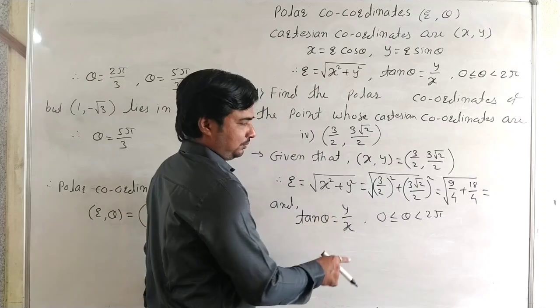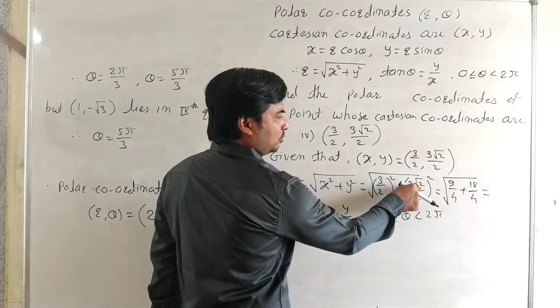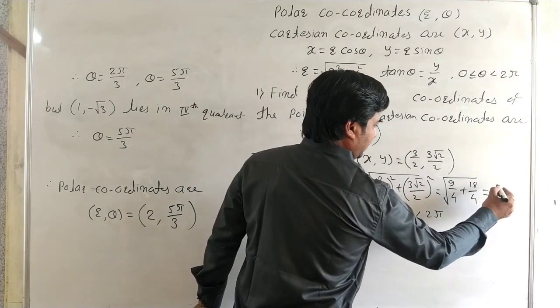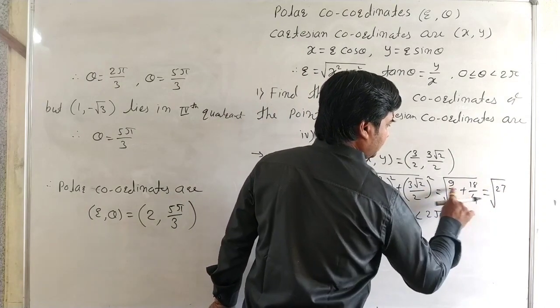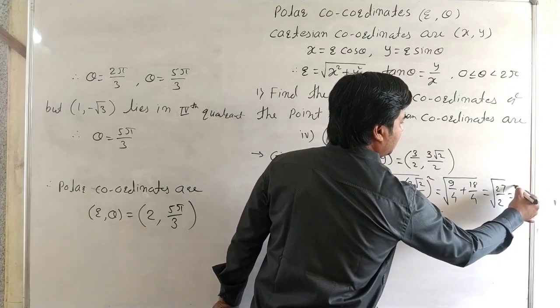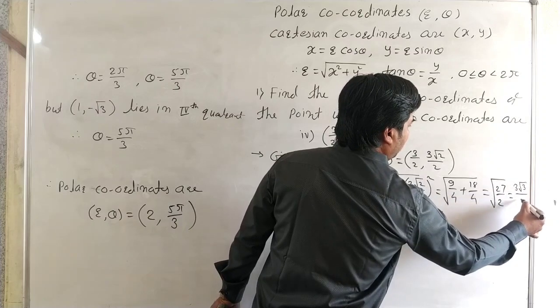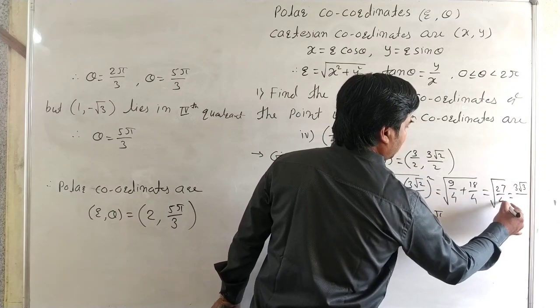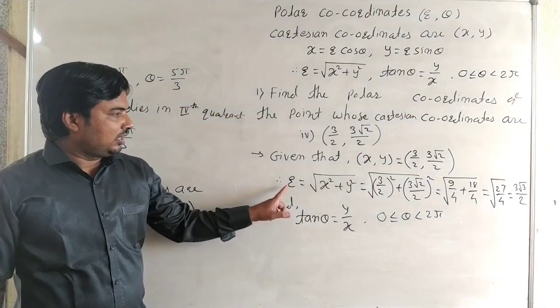See carefully this 9/4, and here it is 9 into 2, 18/4. Then it is under root of 27/2, and that means 3 under root 3 upon 2. It is the value of r.